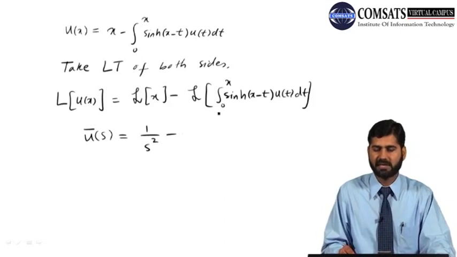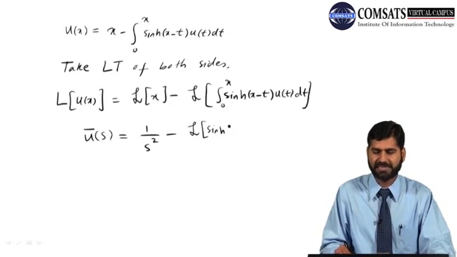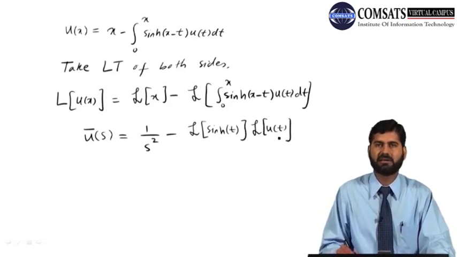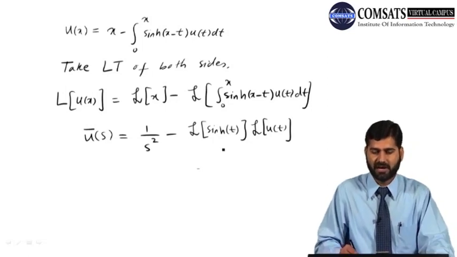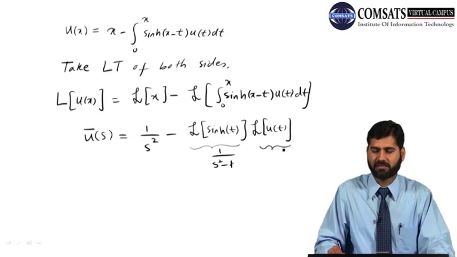All right. Minus Laplace of this whole thing is the product of Laplace transform of sine hyperbolic t and Laplace transform of u of t. Right. It's just the product. And now this has answer 1 over s square minus 1 square, and this is u bar of s.